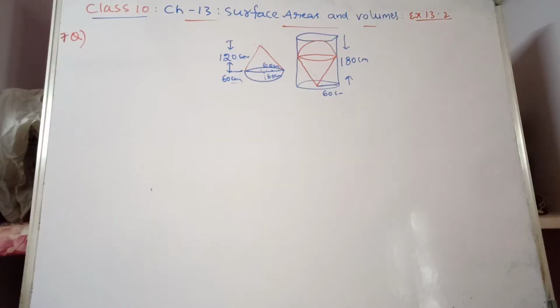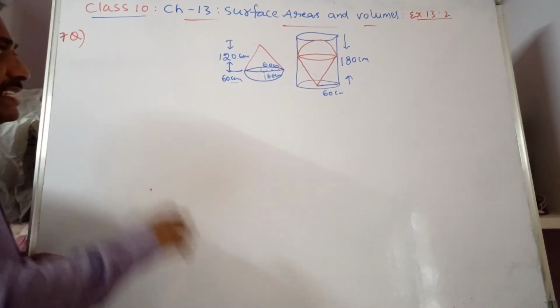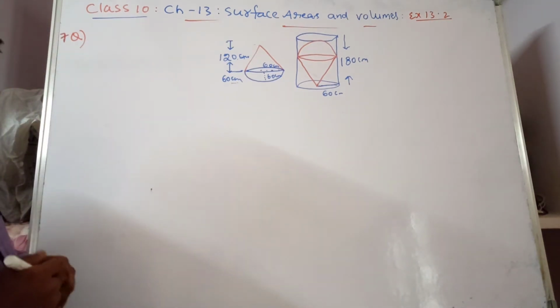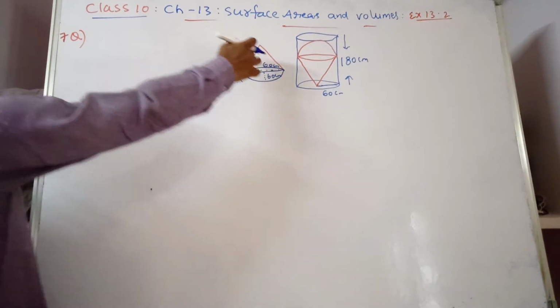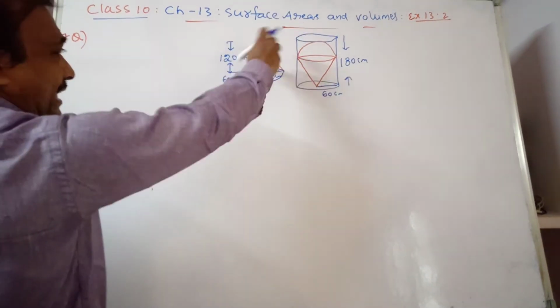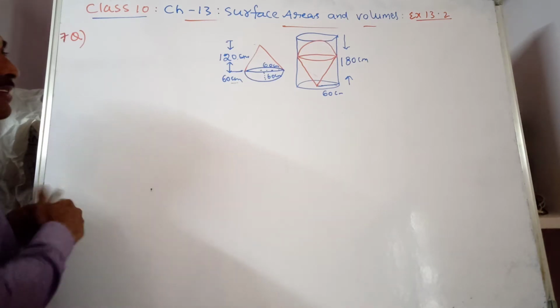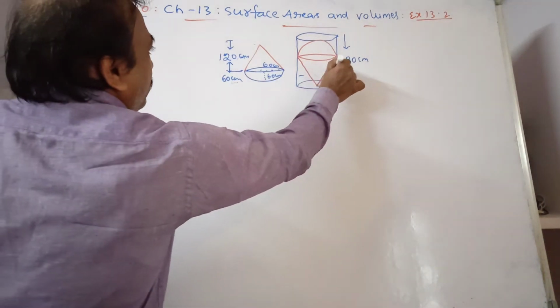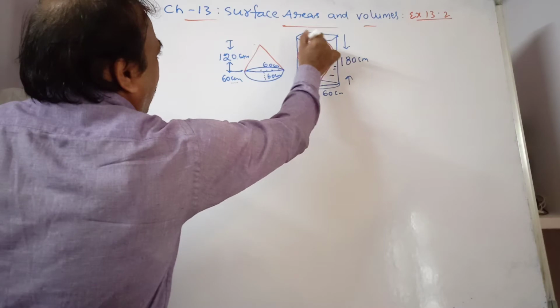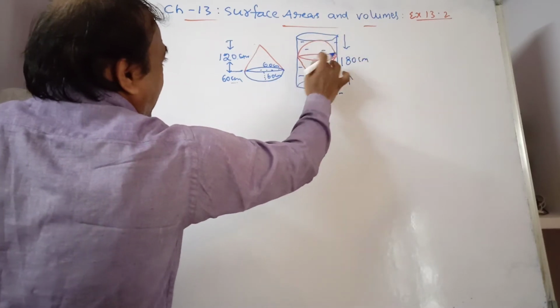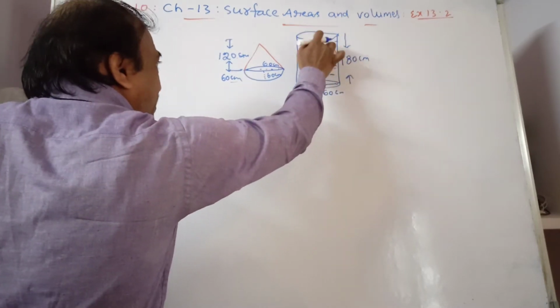Let us see how much water is left over in the cylinder. So here the cone and hemisphere are upright and kept in the cylindrical part which is filled with water. This cylinder is filled with water.